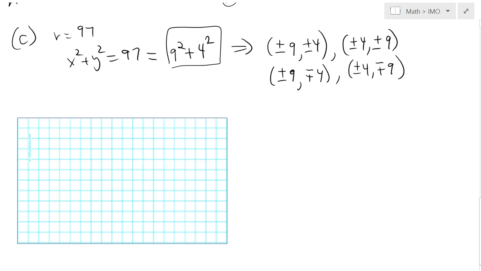So we have 8 different legal moves. These are the only legal moves available.